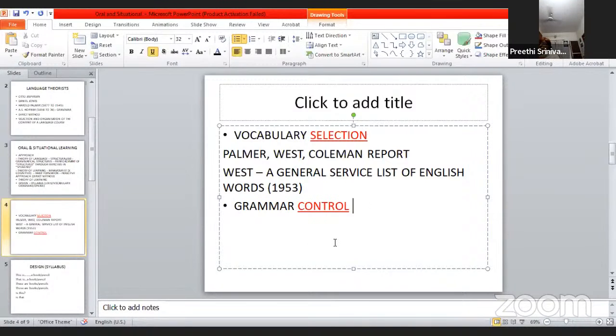So his work in Japan, 1920s to World War II.